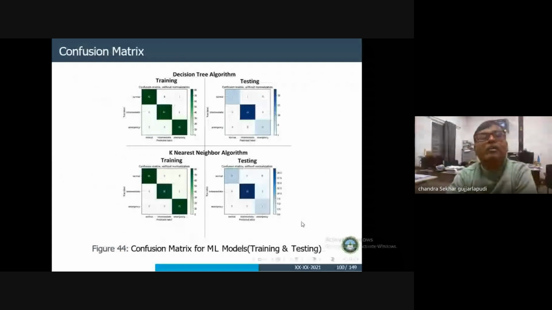We have made confusion matrices also for the k nearest neighbor algorithm as well as the decision tree model.